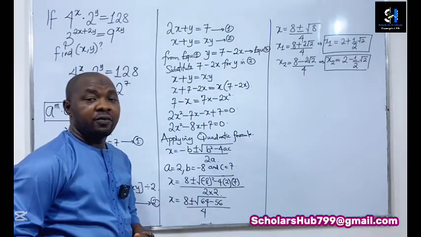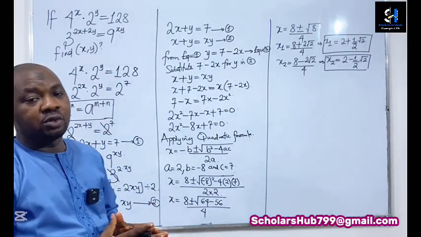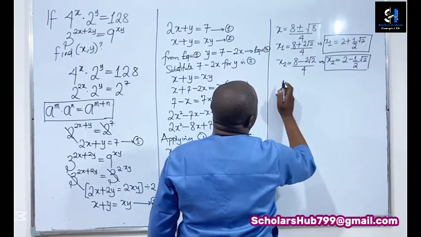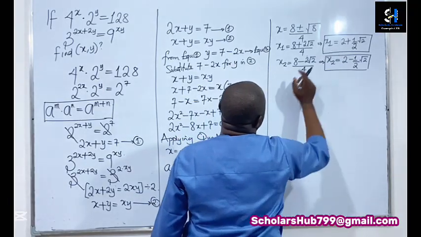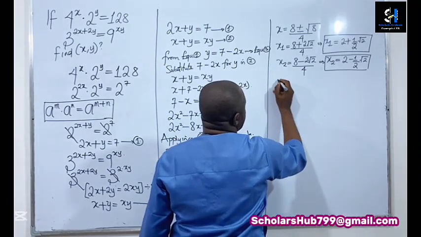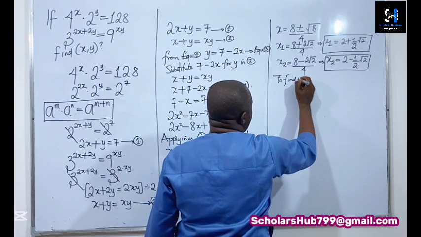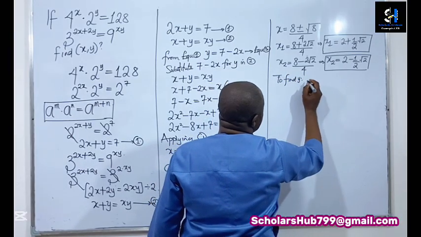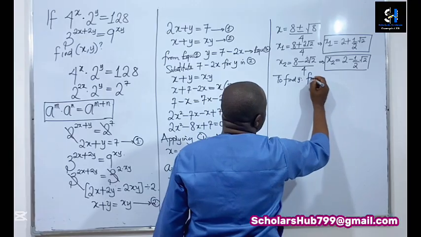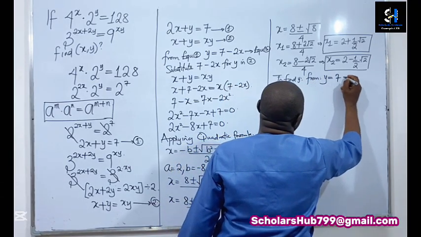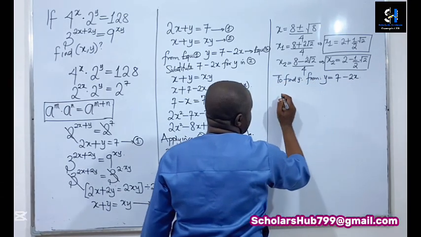So we can use these two values to also find the values of y. So now for the values of y, we're going to start with the first one here. To find y, we know that y equals 7 minus 2x.